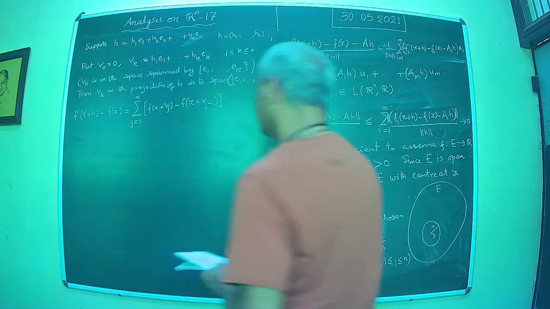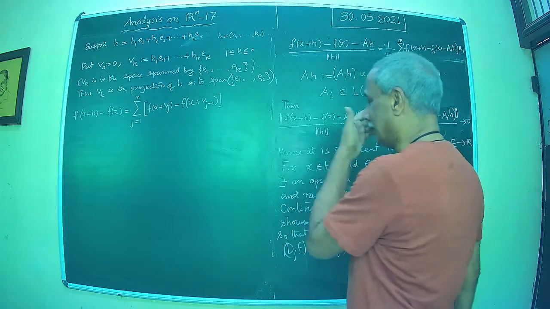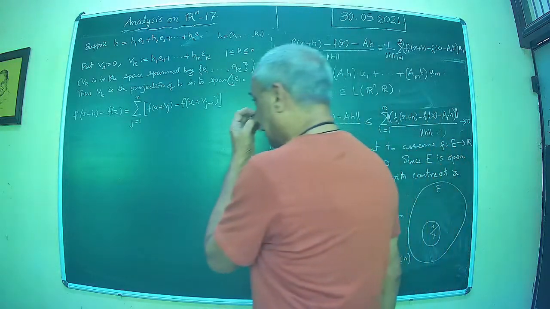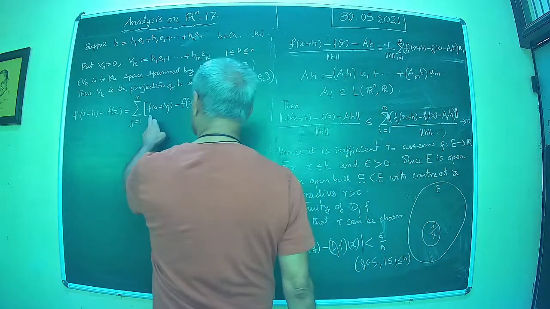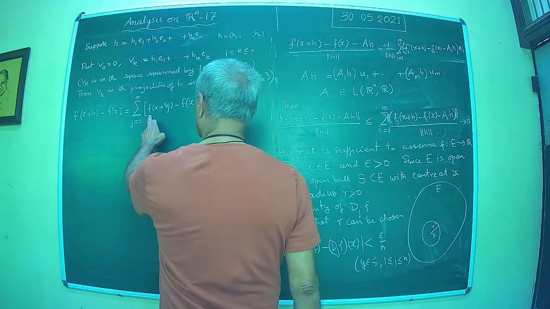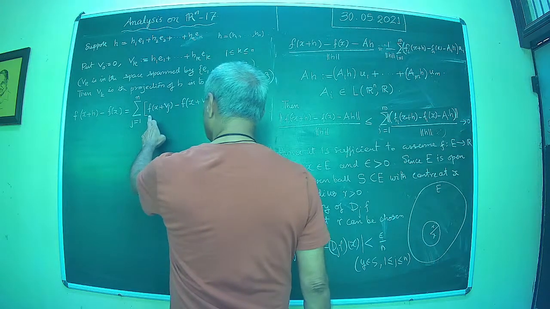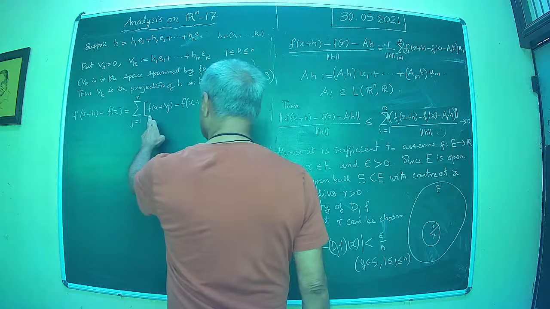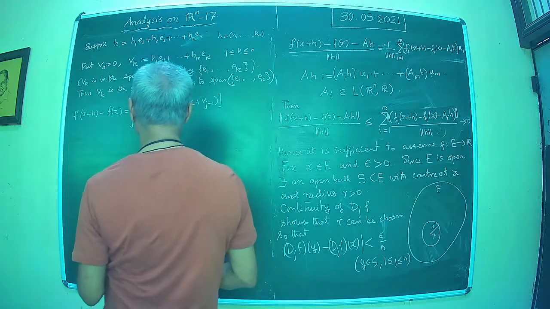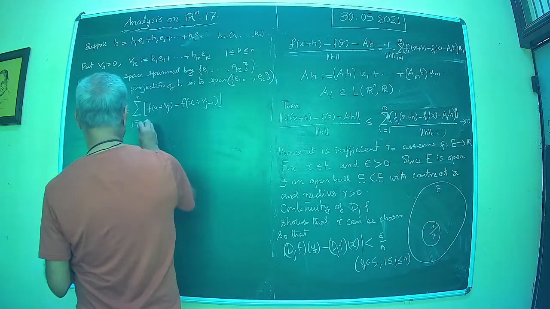So what happens is, if you write out the terms, you will start with f of x, so I think we need from 0 to n.